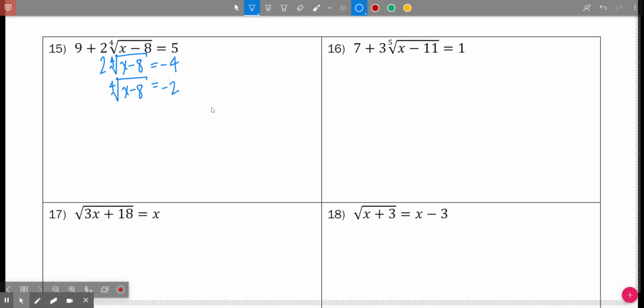Well, again, a fourth root function is going to behave very similarly to a square root function. It cannot be equal to a negative number. So, again, we have an inconsistent equation, and x has no solution.